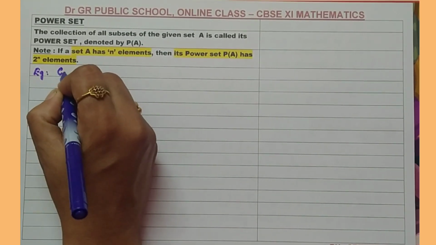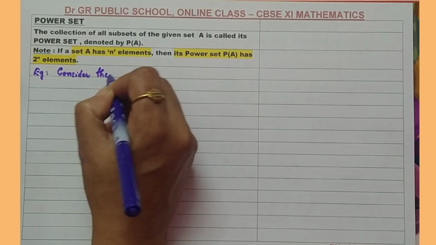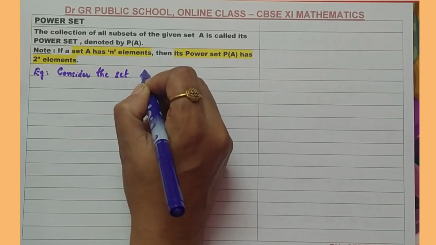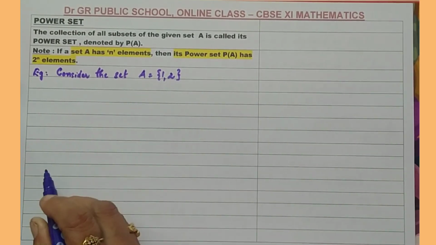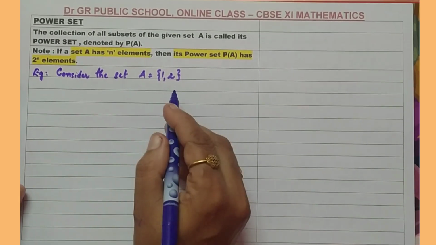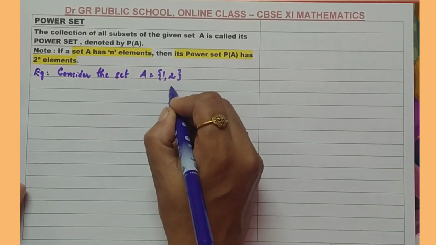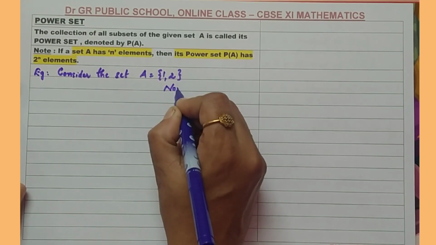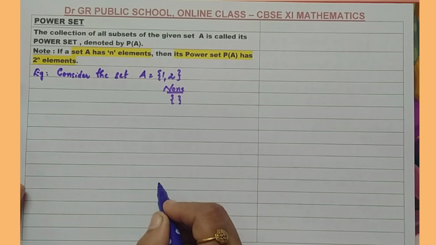Example, consider the set A equal to the set {1, 2}. What are the possible subsets you can form from this? Already told you that if you are asked to take none from this, you need to consider the empty set.